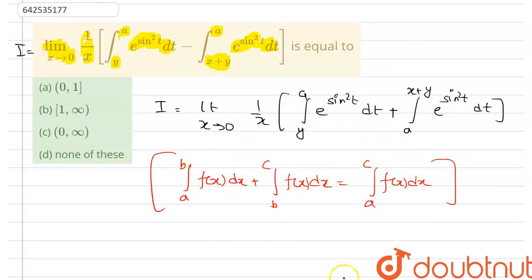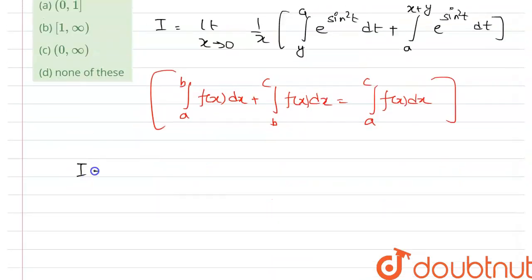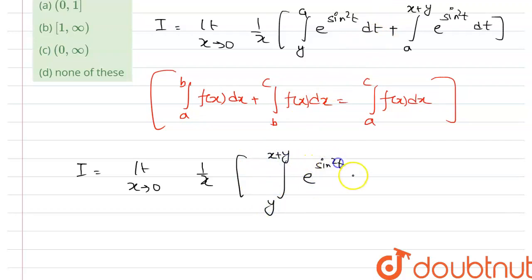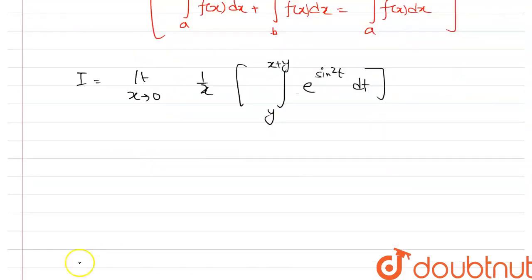So I can be written as I equals to limit x tending to 0, 1 by x, integration from y to x plus y, e to the power sin square t dt.